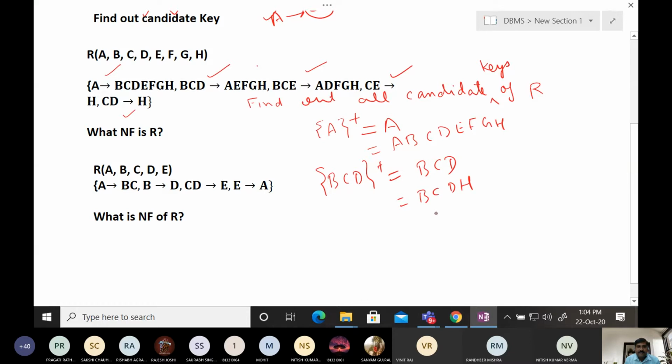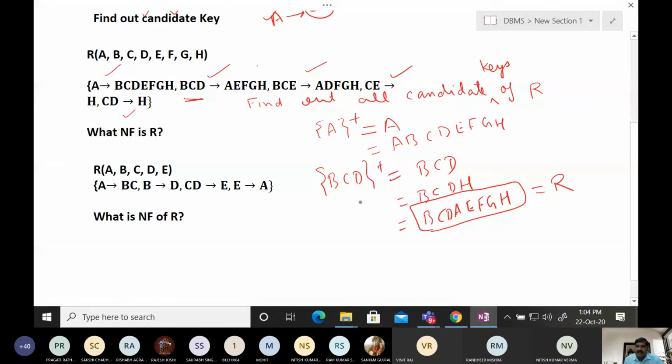With the help of this BCD, we will get A, E, F, G, and H already exists. Then A, B, C, and D are also over here. So all the attributes are associated with this set of attributes, or we can say that this set of attributes determines all the attributes of R.